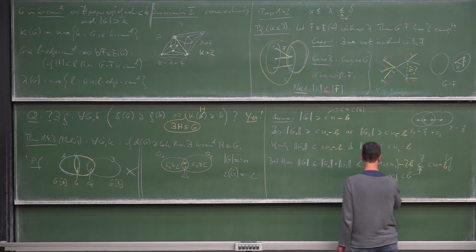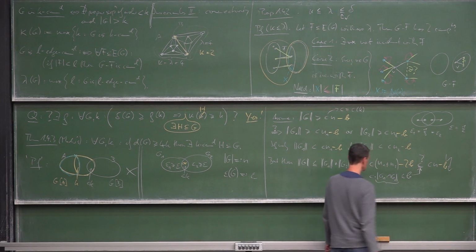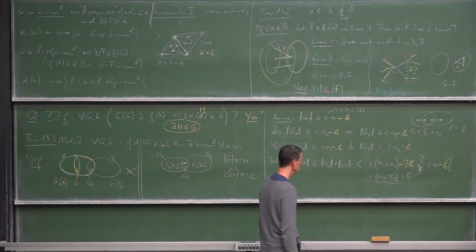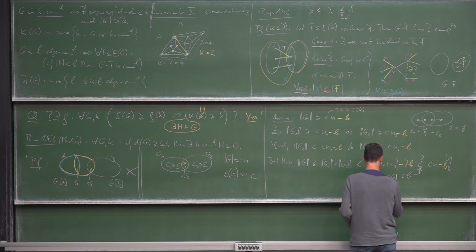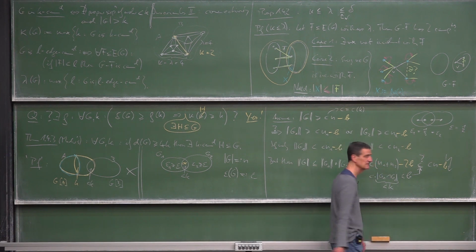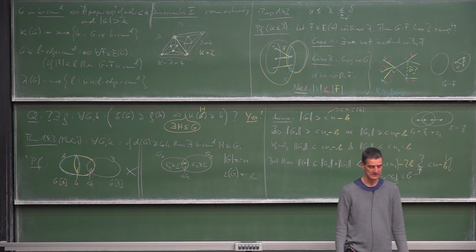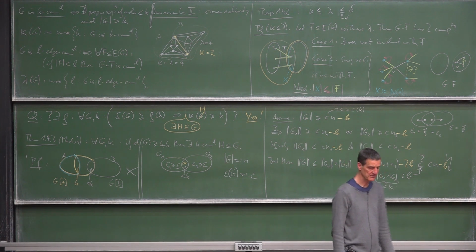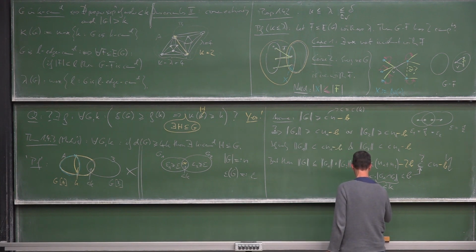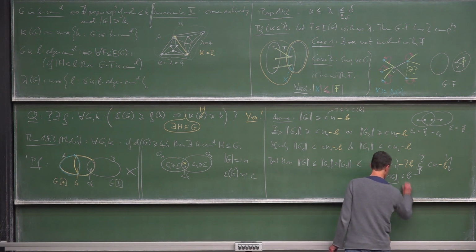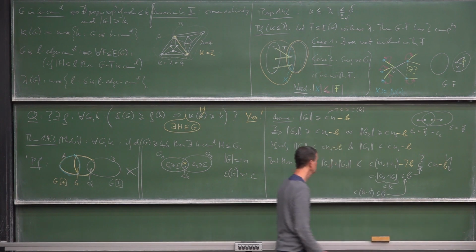So is that going to be true? Well, we know something about this. We know this is less than k, right? So if C times k minus 1 is less than B, then that is true.